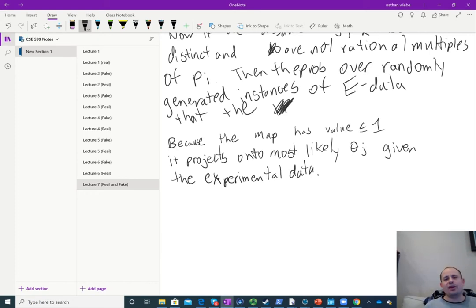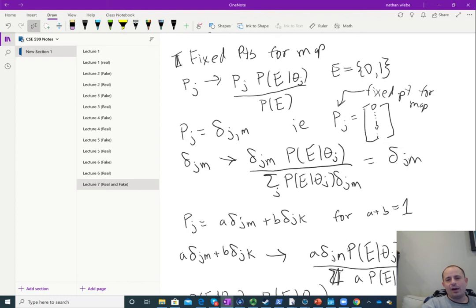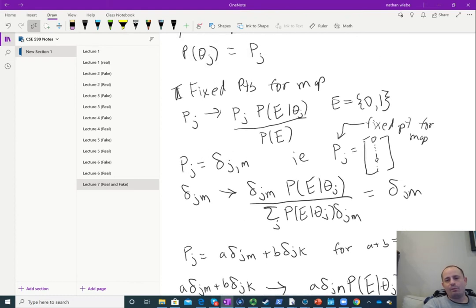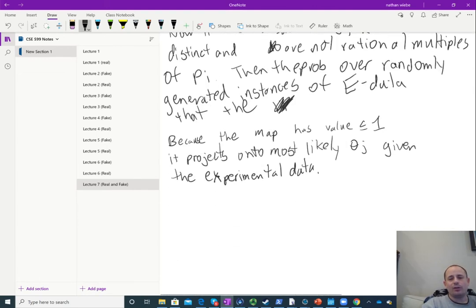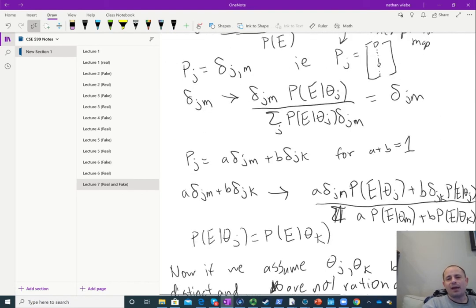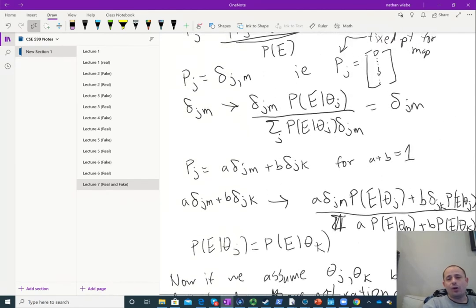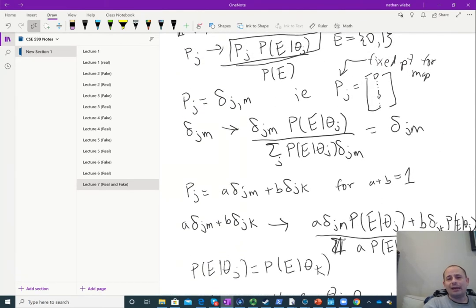Okay, so you can see basically because of the fact that this update process ends up multiplying our amplitudes further by a constant which is less than 1 in the numerator up here, what will happen is that this procedure will geometrically converge down to one of these points. And the only way that we can end up having a vector that ends up being a fixed point is if actually there's only one component in the probability distribution that is non-zero.